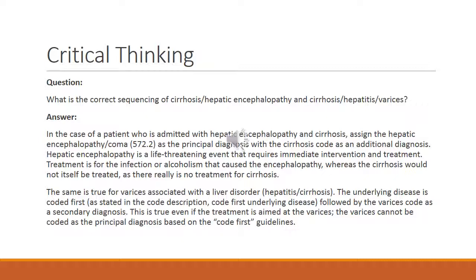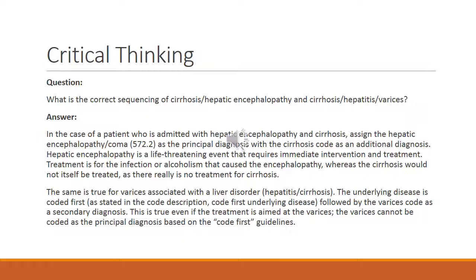Hepatic encephalopathy is a life-threatening event that requires immediate intervention and treatment. Treatment is for the infection or alcoholism that caused the encephalopathy, whereas the cirrhosis would not itself be treated, as there really is no treatment for cirrhosis.